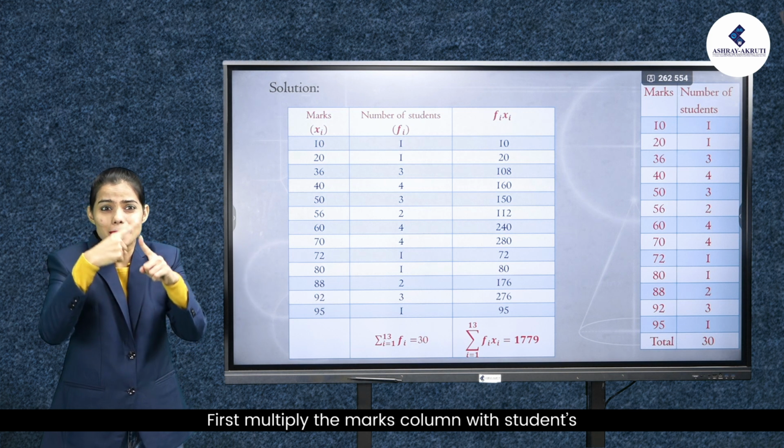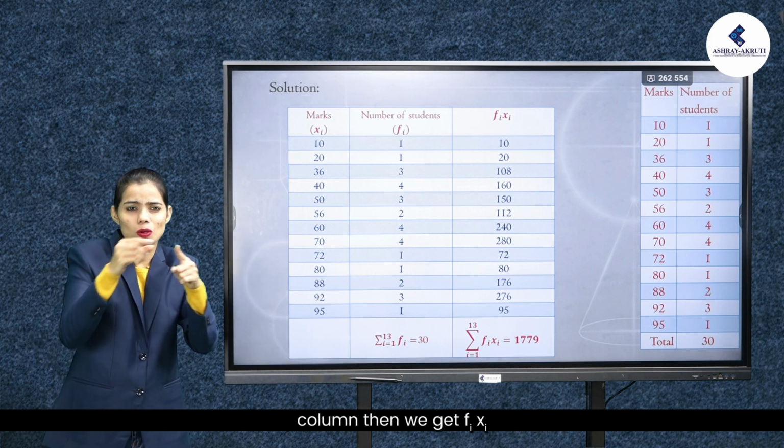First, multiply the marks column with the students column, then we get fi xi.